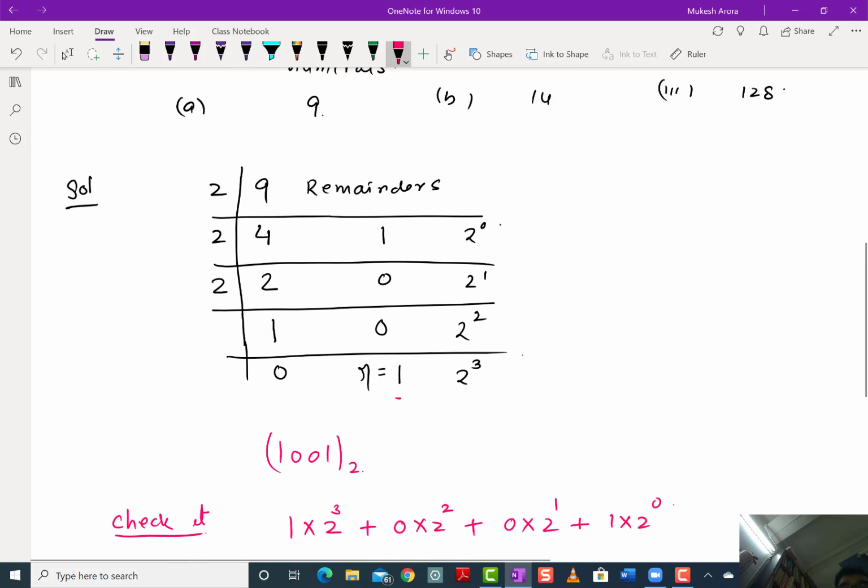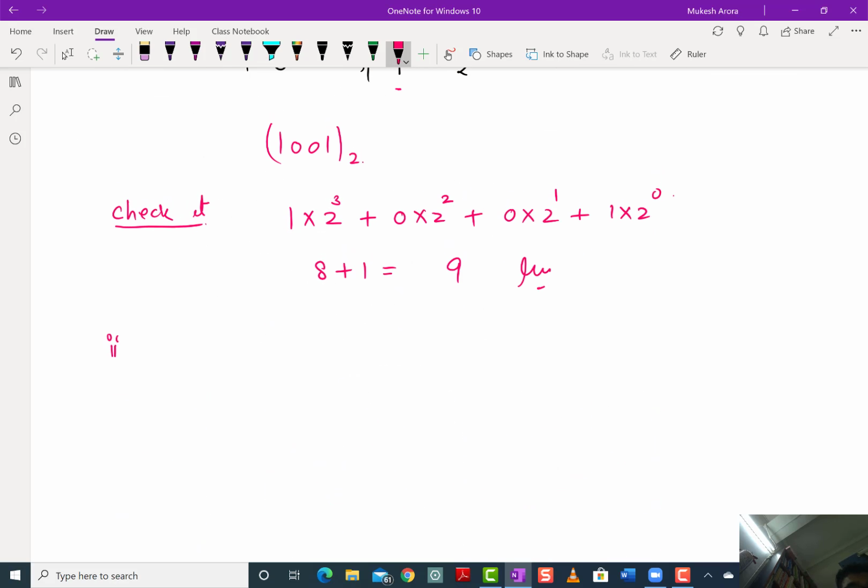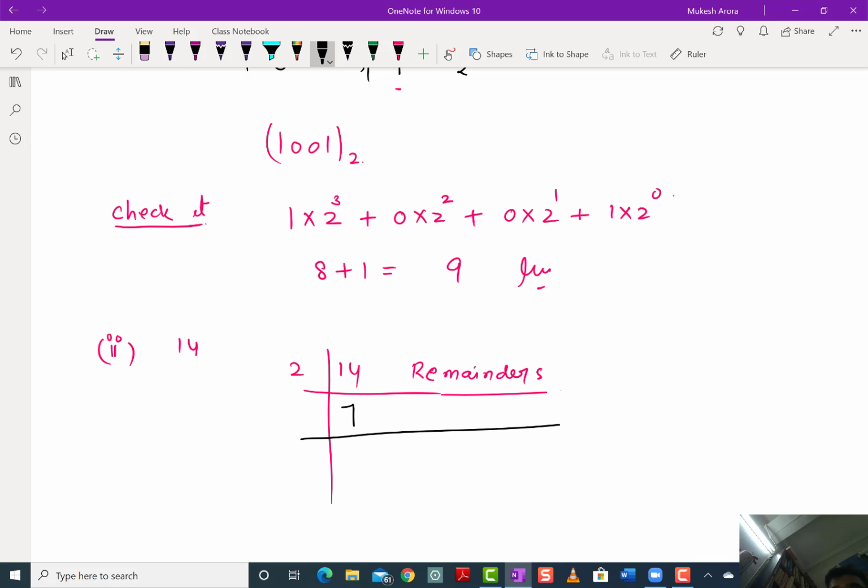Second question was 14. Now 14 divided by 2, we will write the remainders here. 14 divided by 2 is 7, so the remainder will be 0. Then 7 divided by 2, 2 3s are 6, remainder is 1.